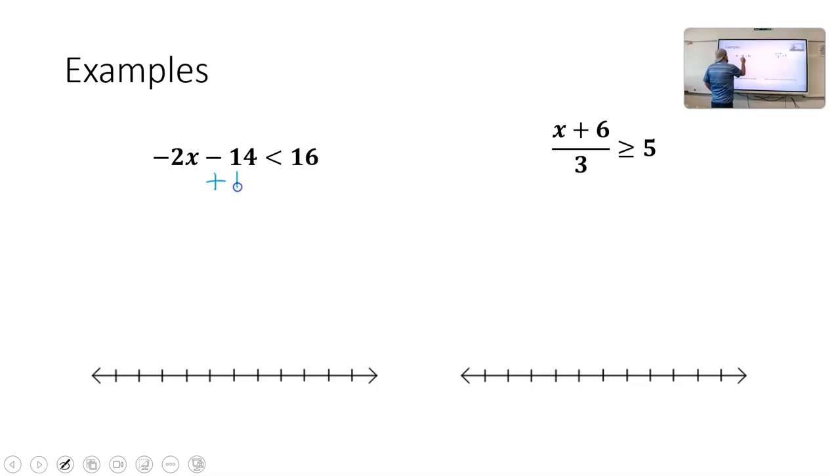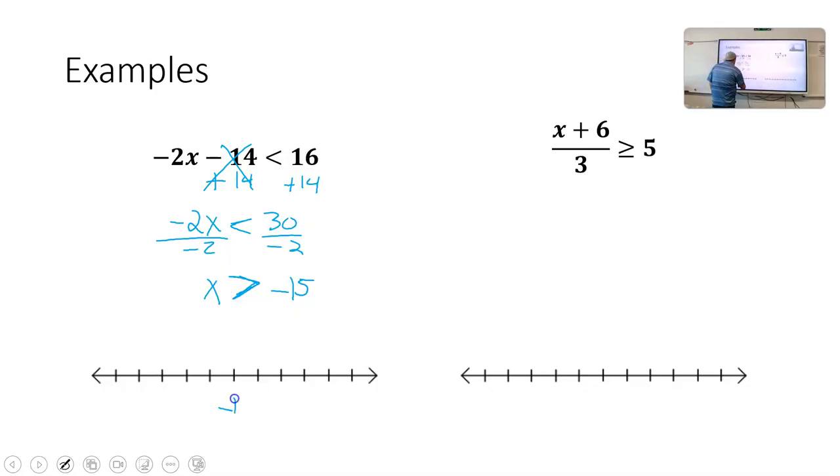Okay, 2 more. Add 14 to both sides on this one. And that cancels out, and you get -2x is less than 30. Divide both sides by -2, and we get -15. But remember, I divided by a negative, so this sign has to flip.